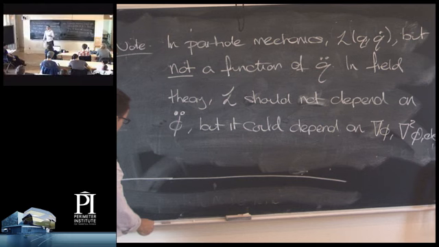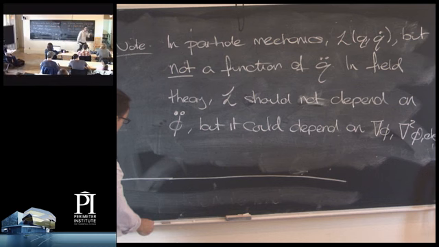However, as you could imagine, what we're really trying to do in this course is unite special relativity with quantum mechanics through quantum field theory. If we're going to do that and have any relativistic theory, then space and time had better be appearing on equal footing. And so for that reason, we're only going to consider Lagrangians that are a function of the first spatial derivative of phi, but not two derivatives. Okay?